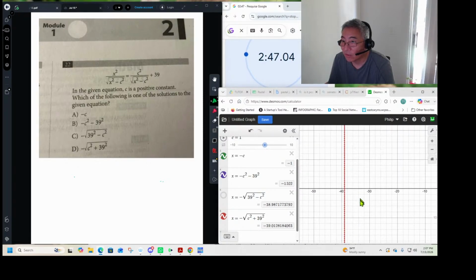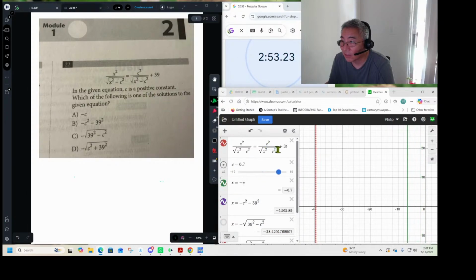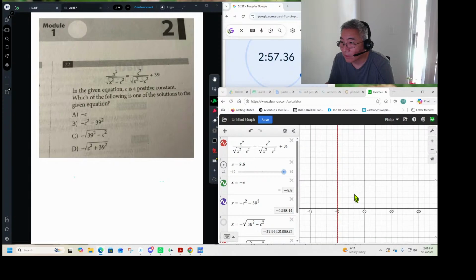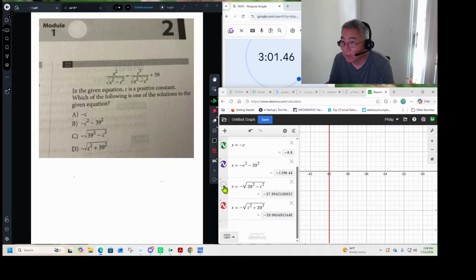So let's change the C value so that we can see it better. They said that C is a positive constant. Let's change C to like something bigger. Okay, now let's check again. Oh, now black is like not close at all. So black is wrong.